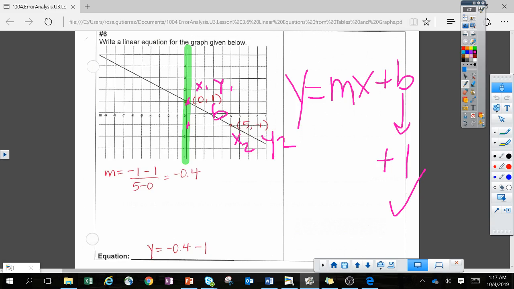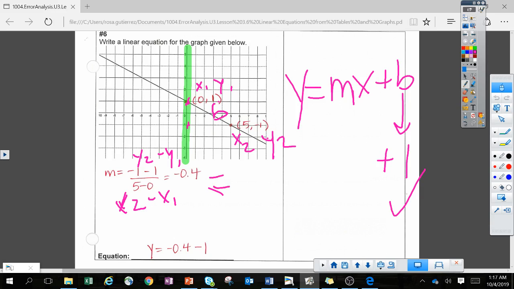This is correct. -1 minus 1 for y2 minus y1, and then I had 5 minus 0 for x2 minus x1. This is perfect. Okay, so this is how you would find your slope.